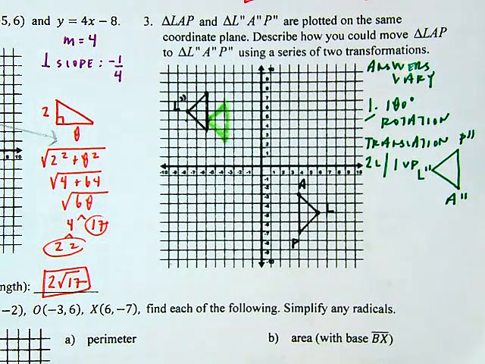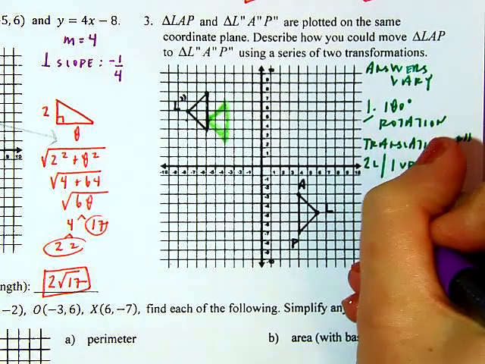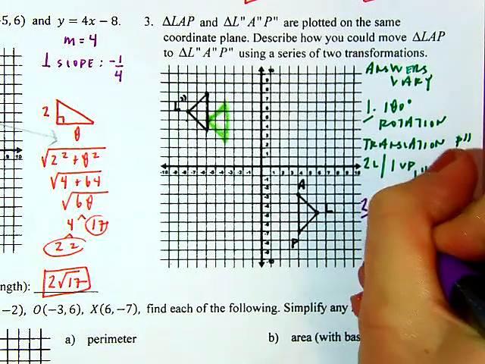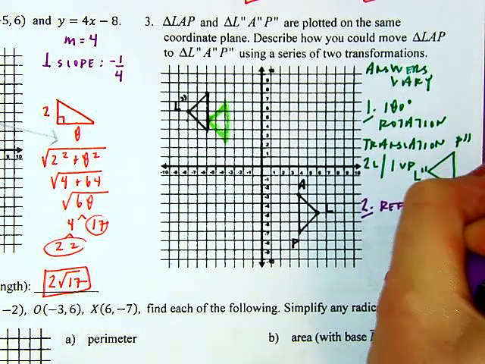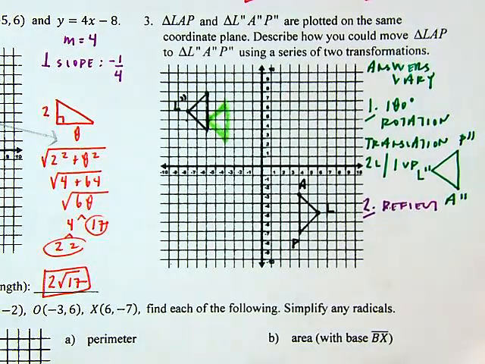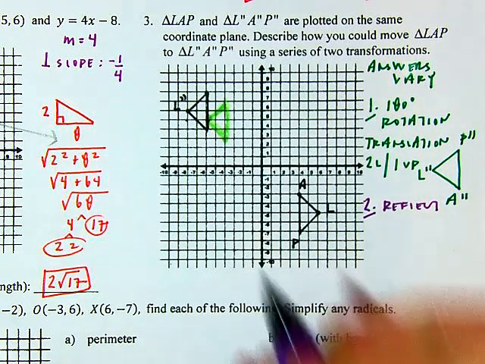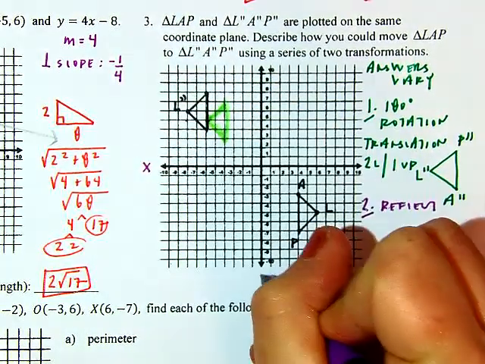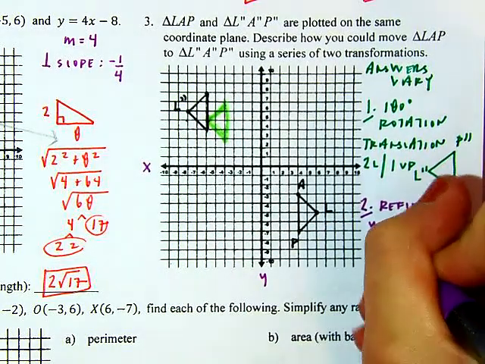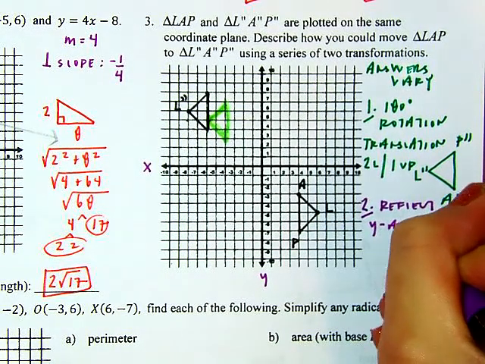One more option. Let's say that in scenario 2, we reflect first. If I'm reflecting, it depends which axis we want to go over. Here's my x-axis, here's my y-axis. Let's say that we start by reflecting over the y-axis.